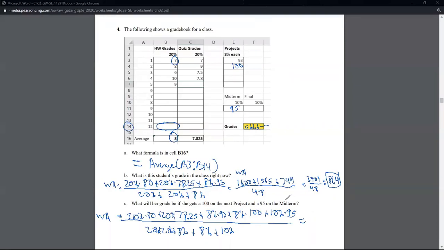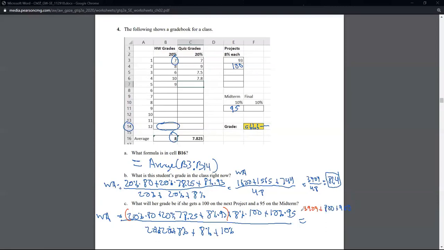Let me do this. This number right here, we already know that was the 3909. That's not going to change. But the 8% times the 100 is going to be 800. The 10% times 95 is just going to be plus 950.